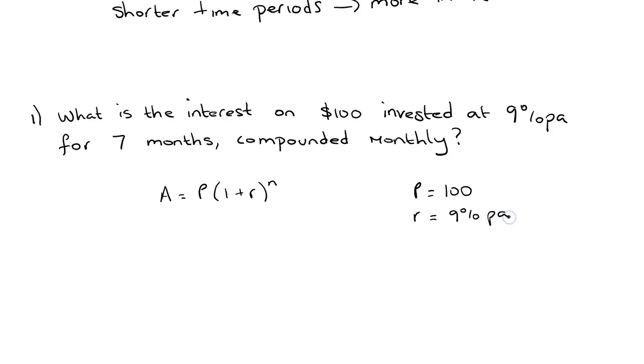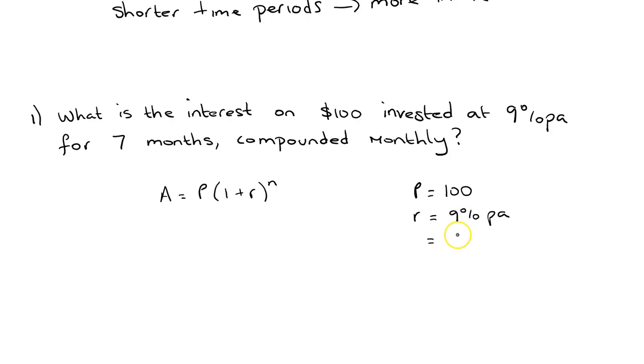Now, what you have to look at, what dictates what time periods both N and R are in, is how often it's compounded. It's compounded monthly, therefore we need our rate in a per month rate, and we need N in a number of months.